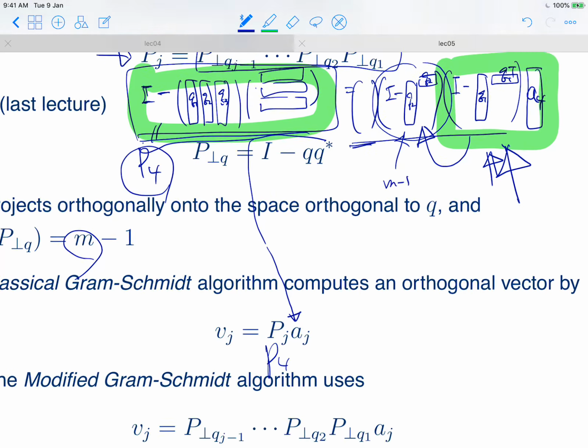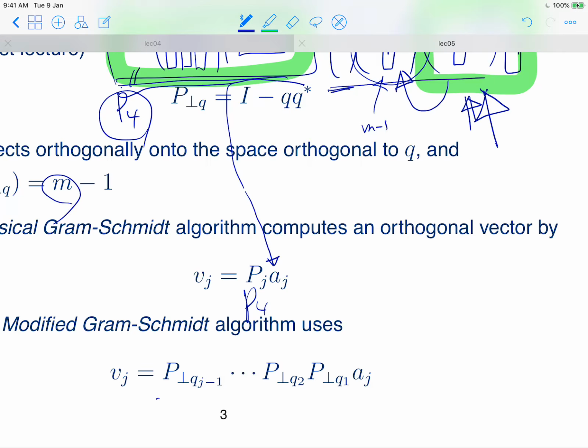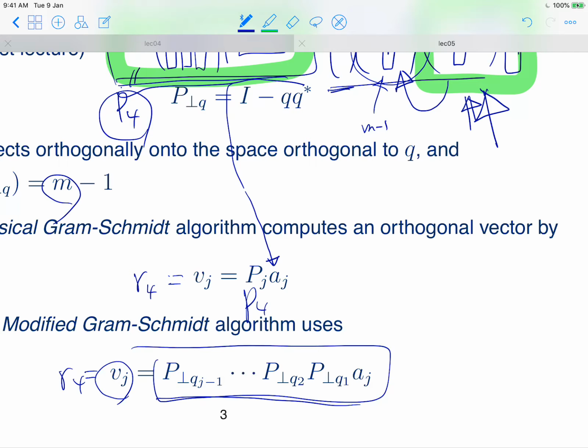And this is our remainder vector that I wrote as R4, for example. Okay, so this can now be represented as this, right? So what's the difference between these two? The difference is as follows.